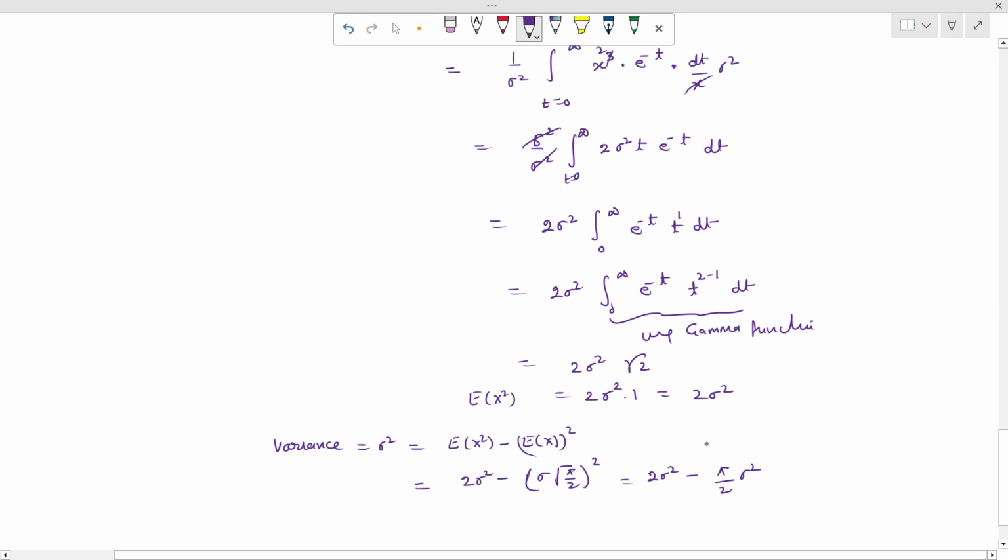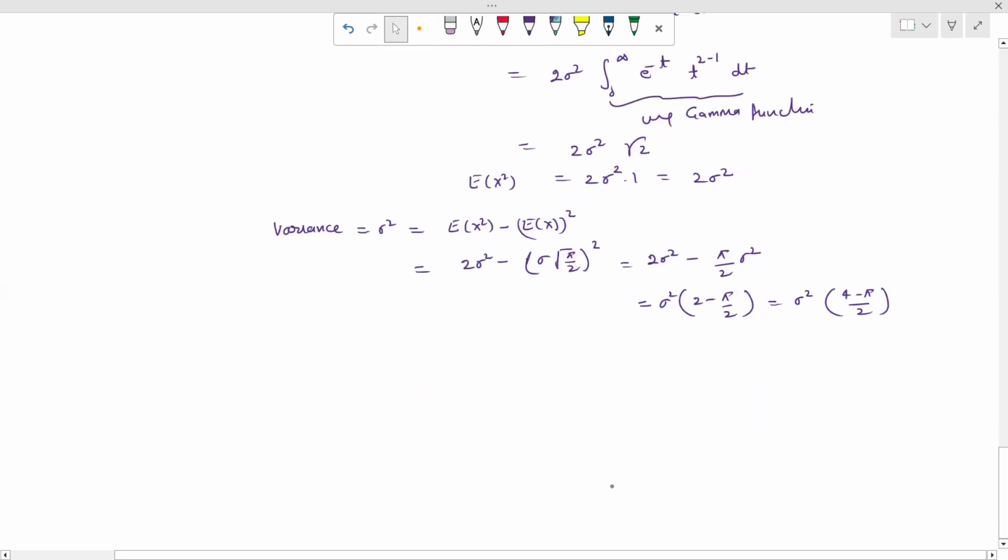Now when we simplify this, sigma square can be taken as common. So 2 minus pi by 2, which can be written as sigma square into 4 minus pi upon 2. So this is the variance sigma square.